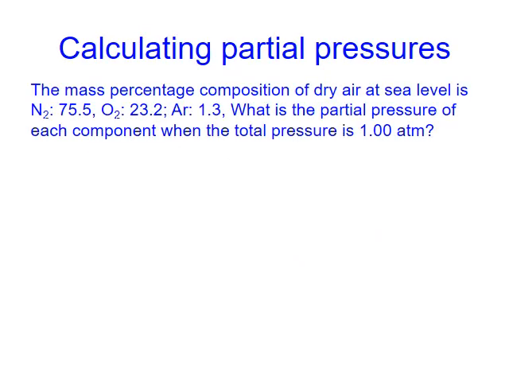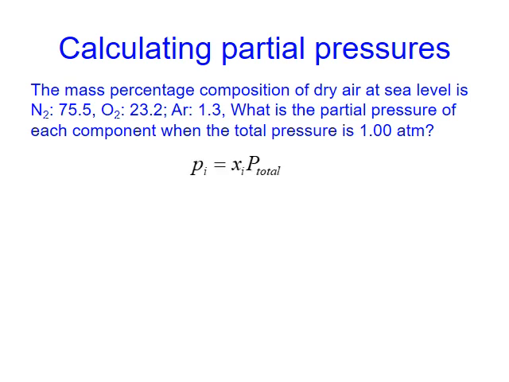Sample question. The mass percentage composition of dry air at sea level is nitrogen 75.5, oxygen 23.2, argon 1.3. What is the partial pressure of each component when the total pressure is 1 atmosphere? First, this question doesn't say these are ideal gases, and therefore we cannot use the ideal gas law.